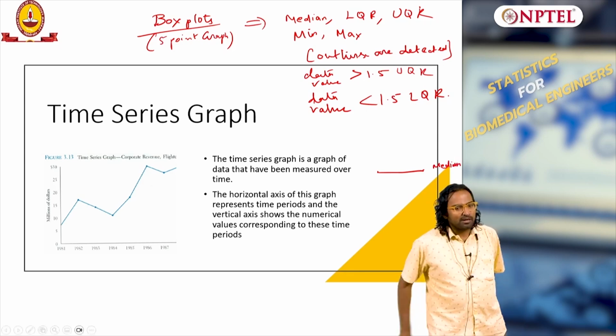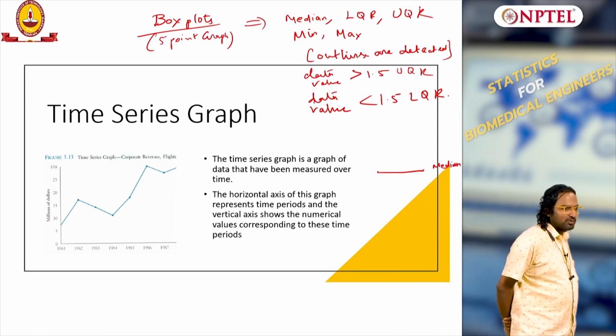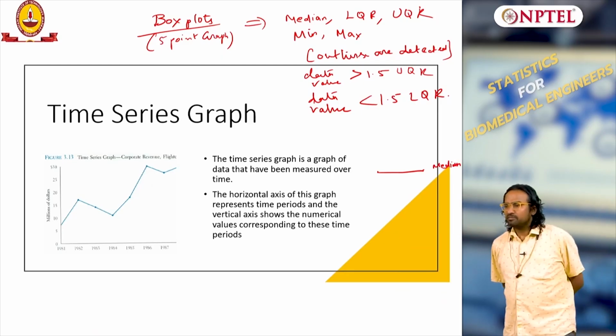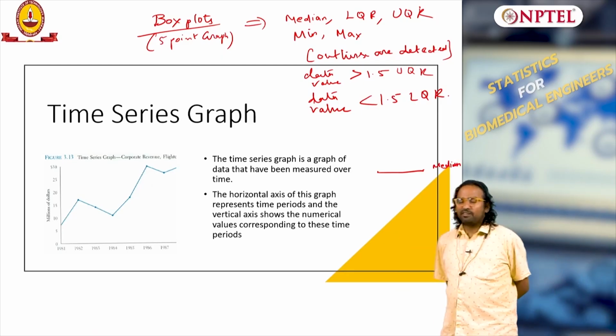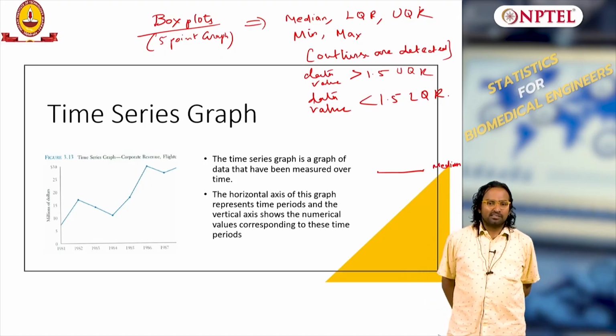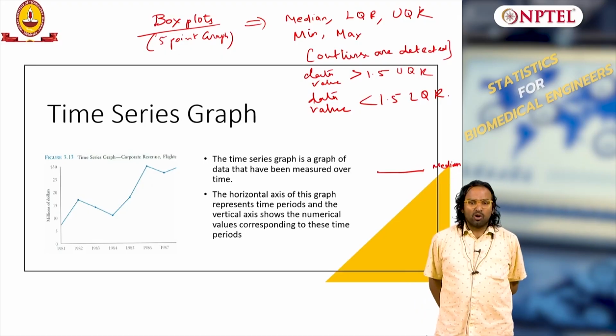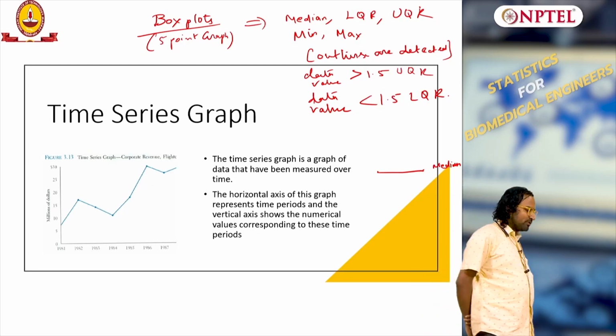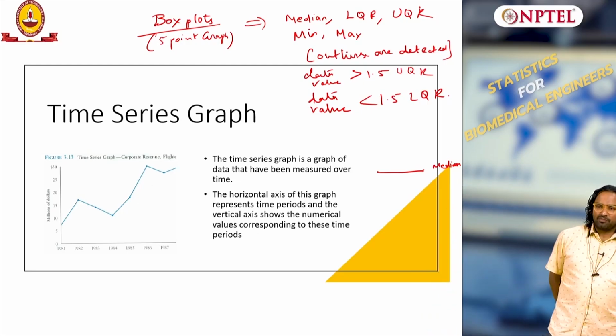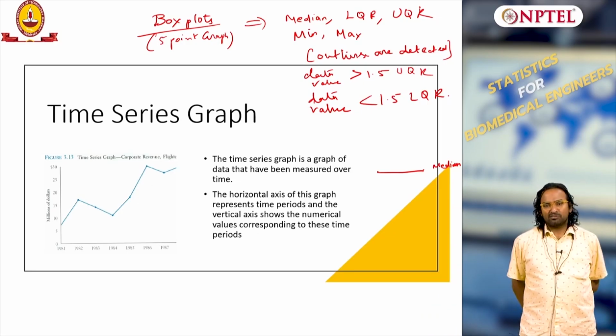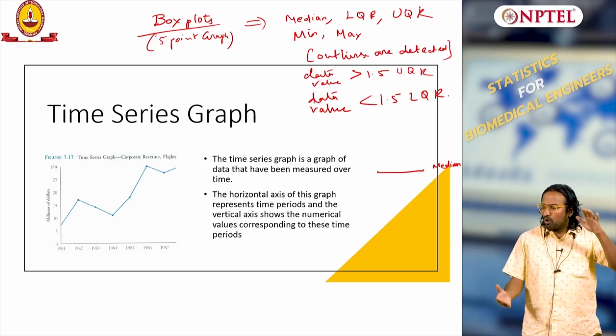What is LQR? So you have sorted the data in ascending order, right. So the lower quartile range is what? From 0 to 25% of the data values.